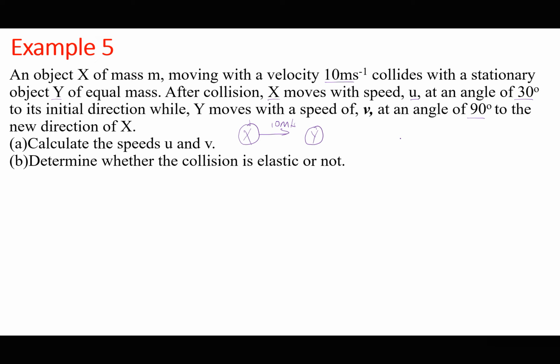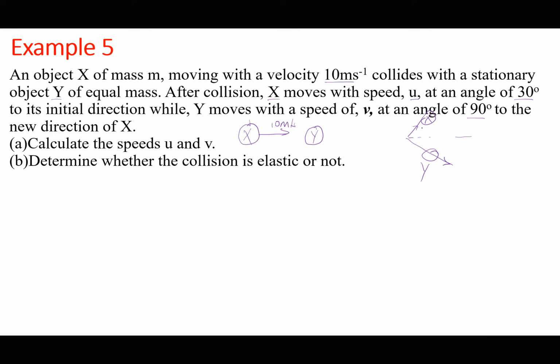Then after collision, let's say this was before. Then after collision, the initial direction is this one. So X takes that path, and let's say Y takes this path. So this is for Y.